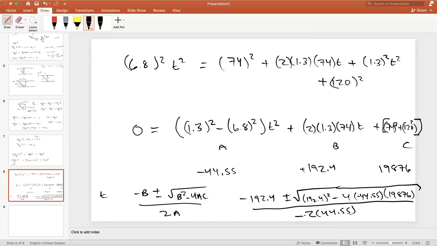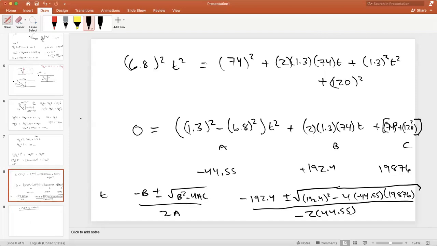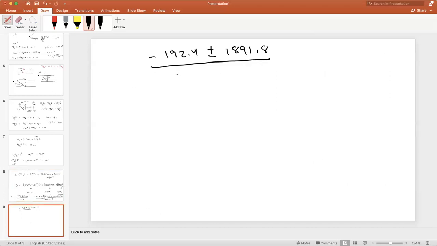And then I take the square root of that, and I get 1891.8. So I get minus 192.4 plus or minus 1891.8 over, 44.55 times 2, 89.1, over negative 89.1.